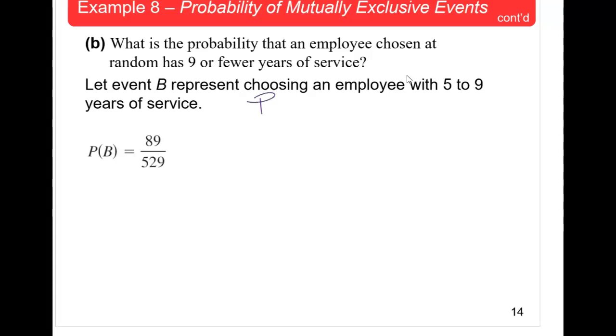Okay, so I'm trying to understand this question because I don't think this answer is correct. So I'm going to check with the textbook.